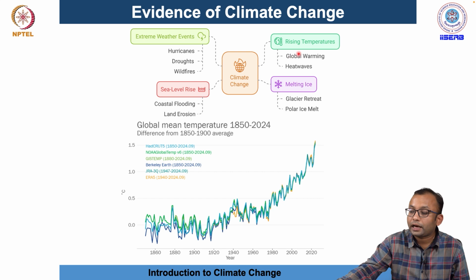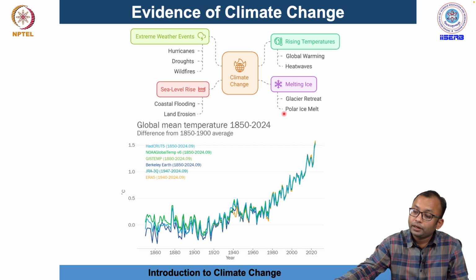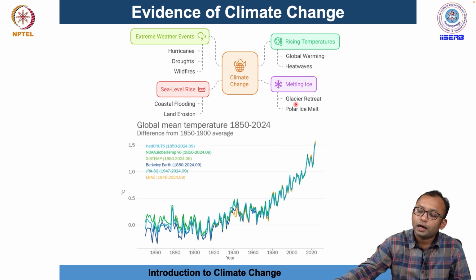If you're talking about rising temperature, that can lead to global warming, the overall rise of the temperature of Earth, and also more frequency and severity of heat waves in different parts of the world. And if you're talking about melting ice, we see that several glaciers are retreating, several are on the verge of extinction, and we have also observed significant melting of polar ice in the higher latitudes.